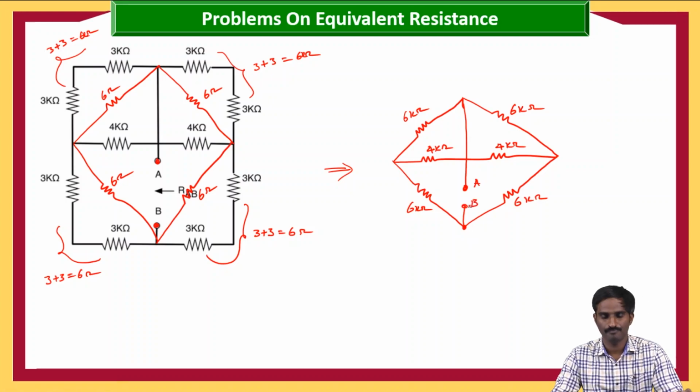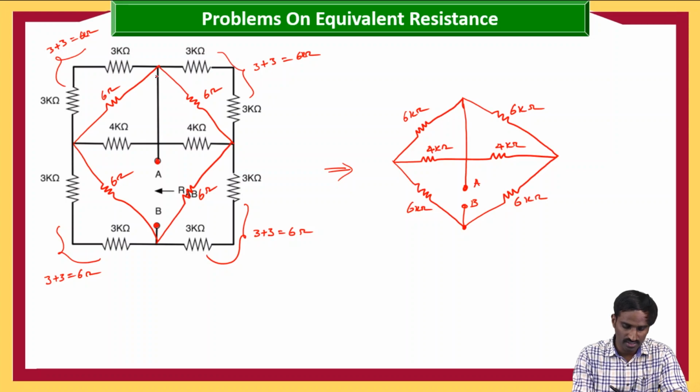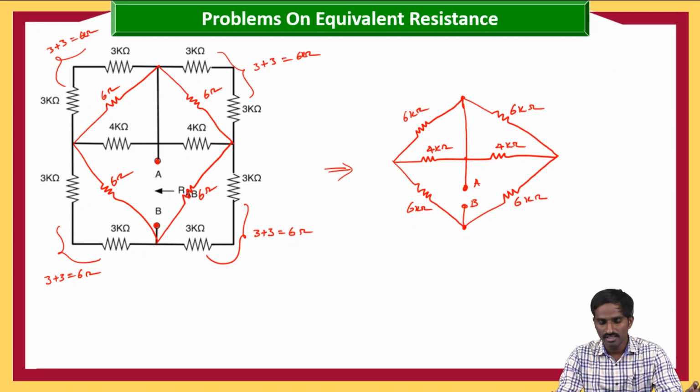Let us consider the same, right? Now, as you can see here, these two are connected because this terminal and this terminal are the same, right? Then in this case, how to find the equivalent resistance between these two terminals?